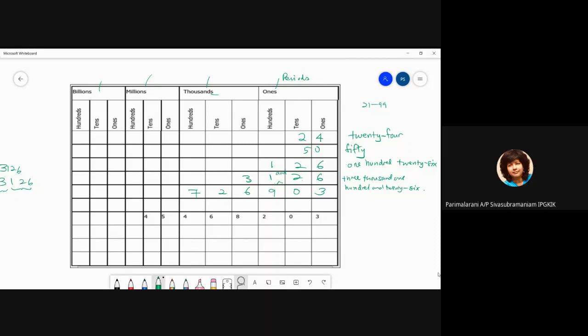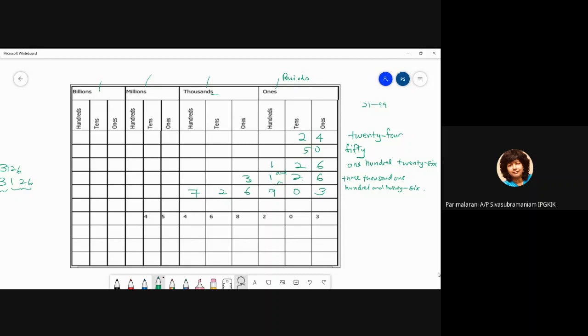Okay, let's try one more person. Anybody else want to try? 726,903. So there's a slight difference between the two students who read the numbers.